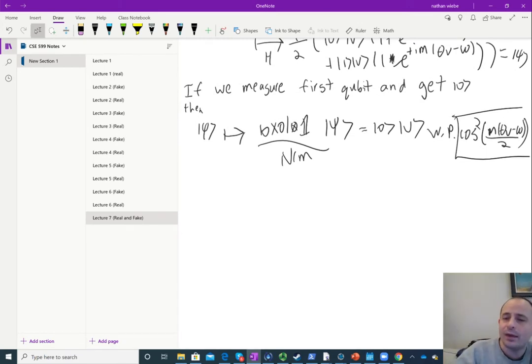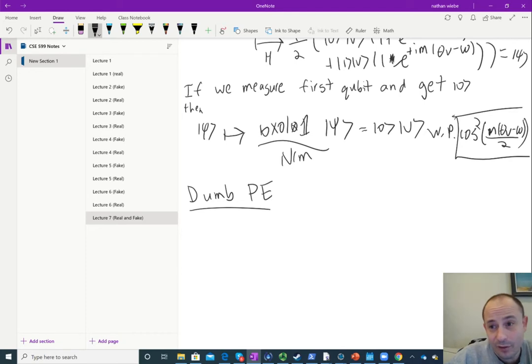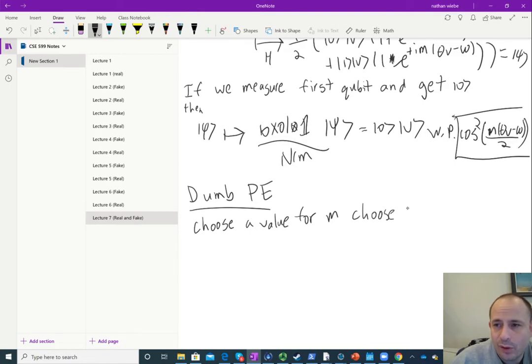So the dumb way, let's call this dumb PE. The way dumb phase estimation would work is we choose a value for m, and we choose omega. We can pick anything. We can pick them randomly if we feel like.